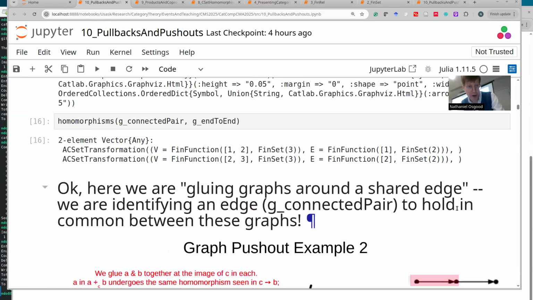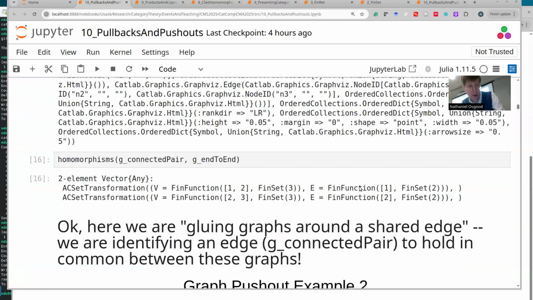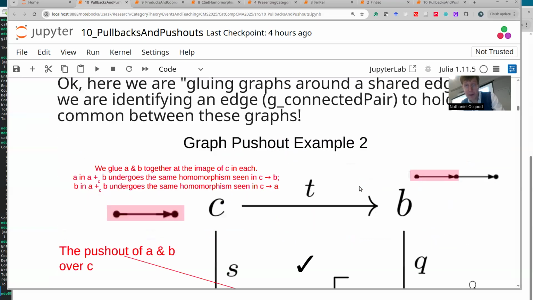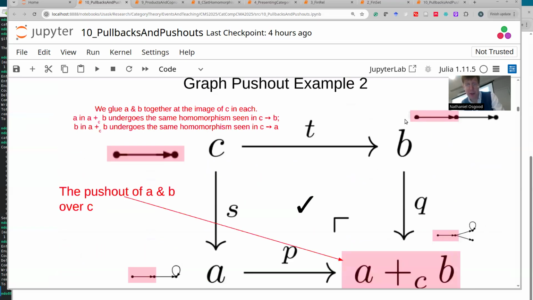If we had just asked for a coproduct around C, we would have gotten this and this just right next to each other, like Tinker Toy pieces that are disconnected. This just sitting next to that. But a pushout, a colimit, is like a coproduct.